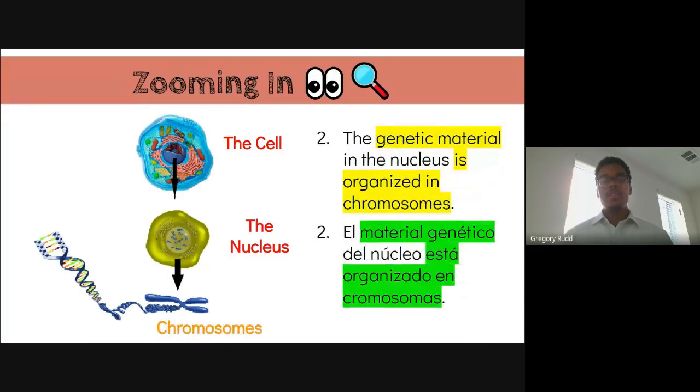So that's step one. Then we zoom in further to step two. Within the nucleus, the genetic material is organized in chromosomes.